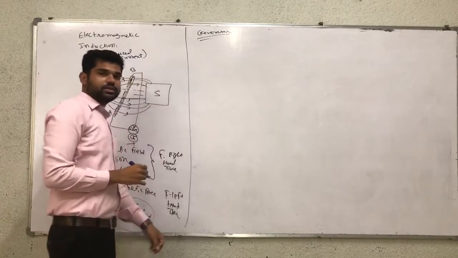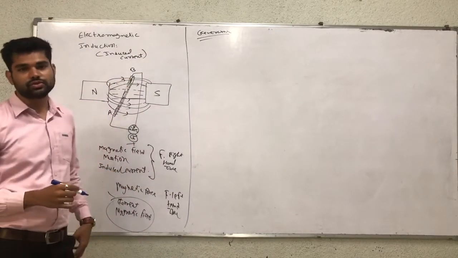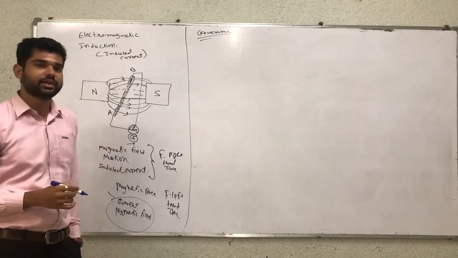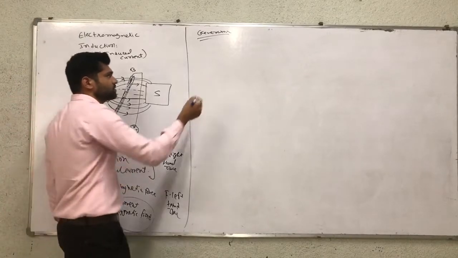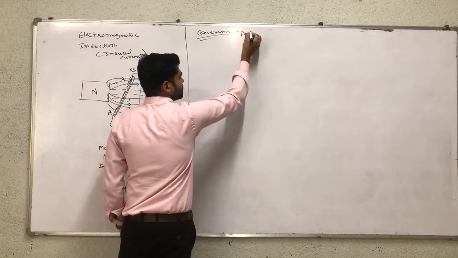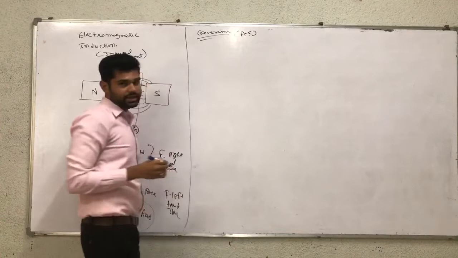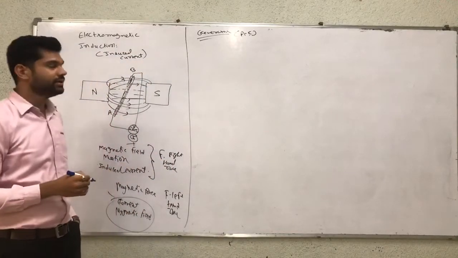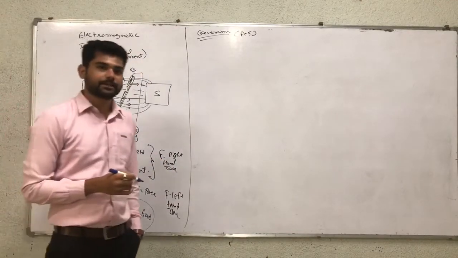Generator means generate electricity, so it's called an electric generator. And we have to study the AC electric generator. AC means alternating current.